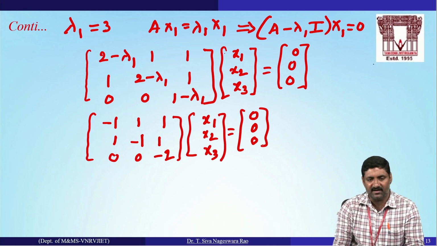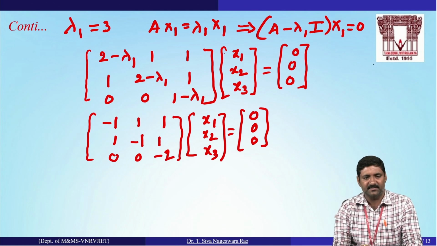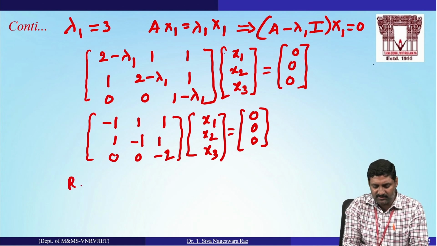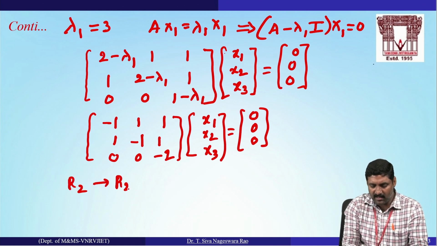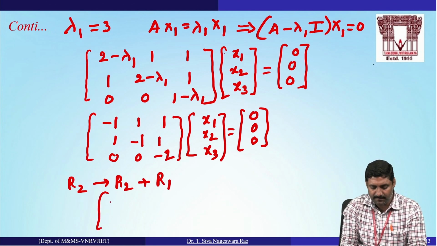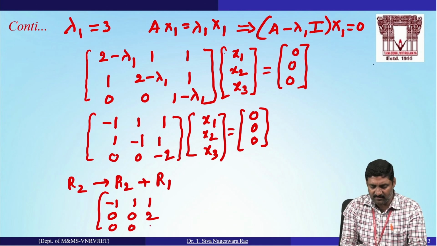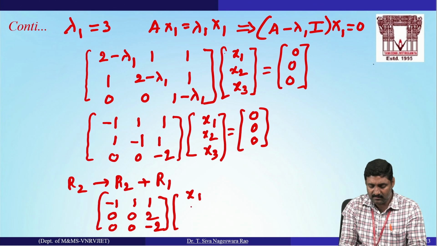Now our aim is to convert this coefficient matrix into echelon form by applying row transformations. That is, R2 goes to R2 plus R1. Hence the resultant matrix is minus 1, 1, 1; 0, 0, 2; 0, 0, minus 2, multiplied with x1, x2, x3.